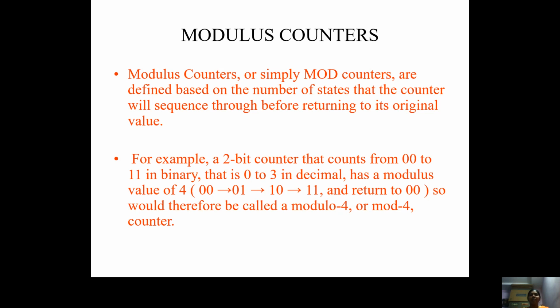Since we are designing a mod 5 counter only, we have to make the design in such a way that it sequences from 0 to 5, and immediately when the 5th clock pulse occurs, it has to come back to its original state, which is the reset value 000. Here we are going to see how we are able to design modulus counters.